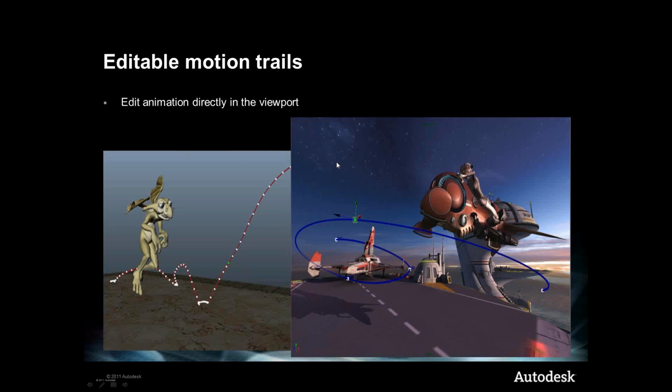So it's pretty neat. Another thing that is new is the editable motion trails. Depending on the type of work that you do, I've done projects where people ask me several different kinds of requests, and it will depend on the goal.